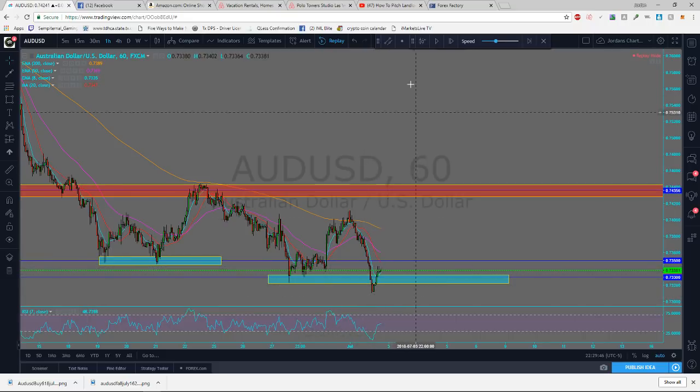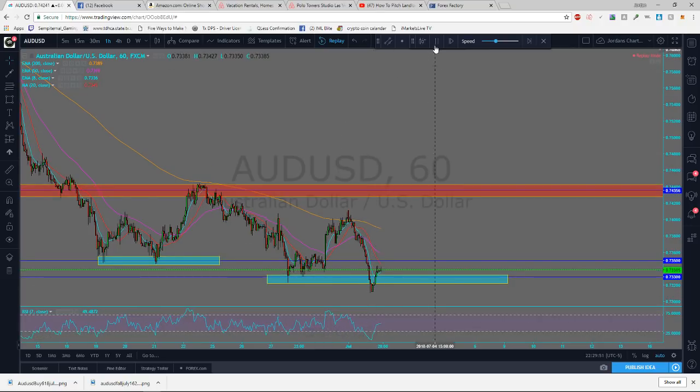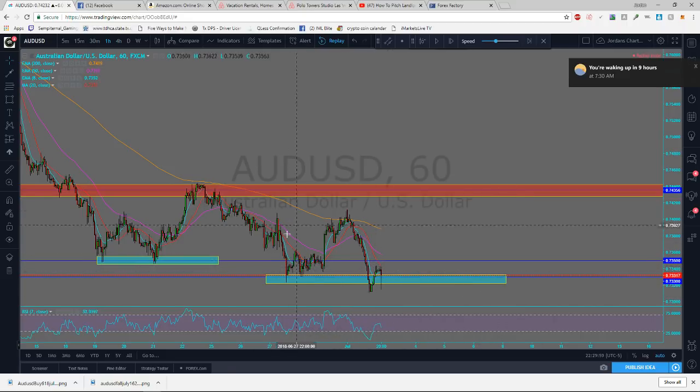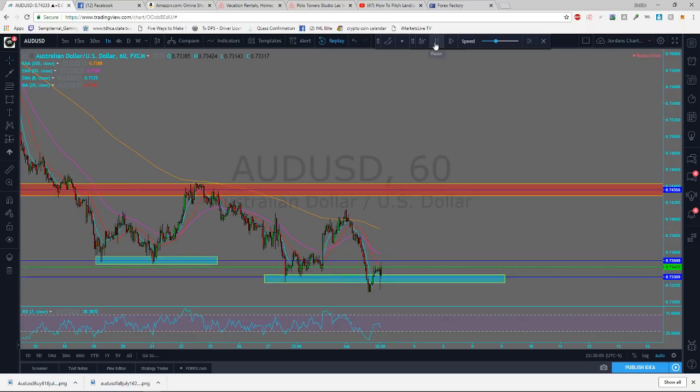We just had that impulse move to the downside. Now we're playing again above it. Then all of a sudden we had a spike down, right? And if you wouldn't have played any of this, you would have waited for this entire thing to play out just like it did. You could have entered on the next candlestick.